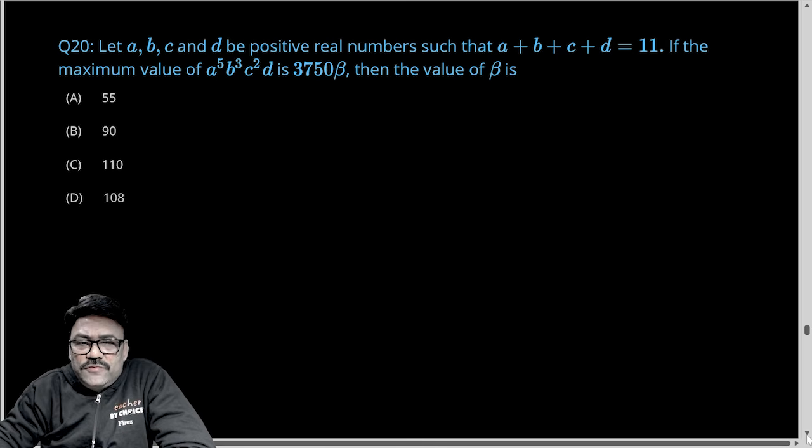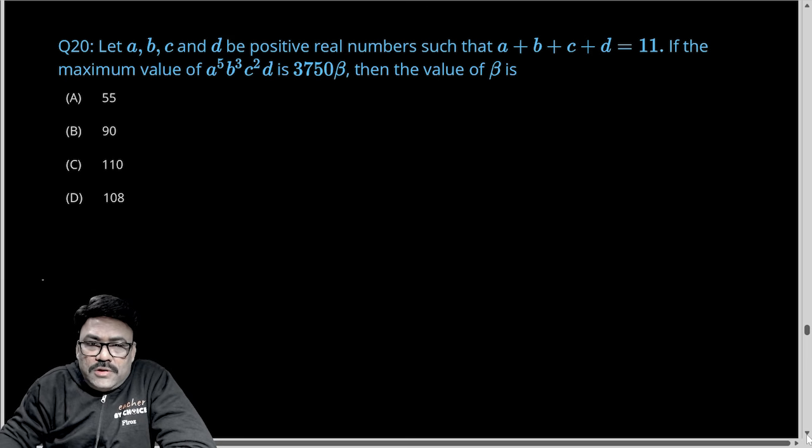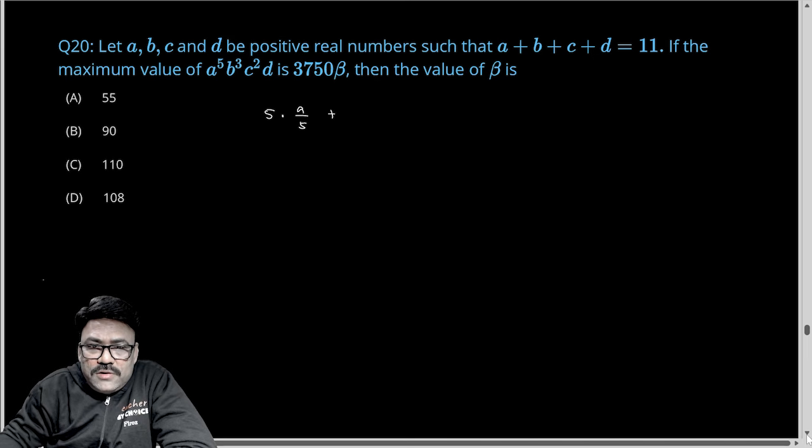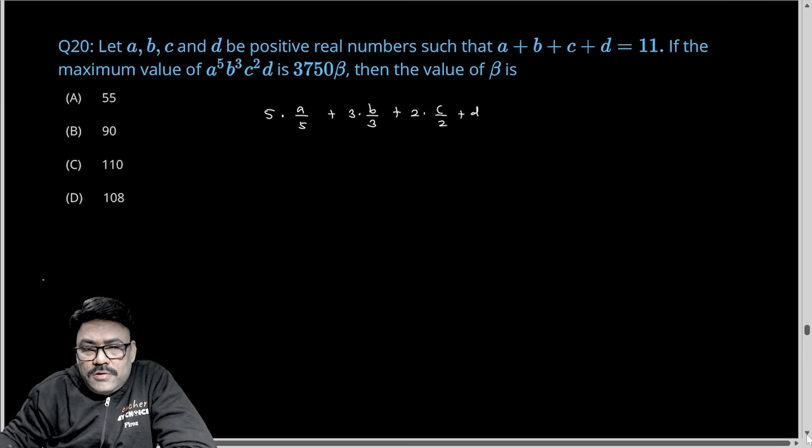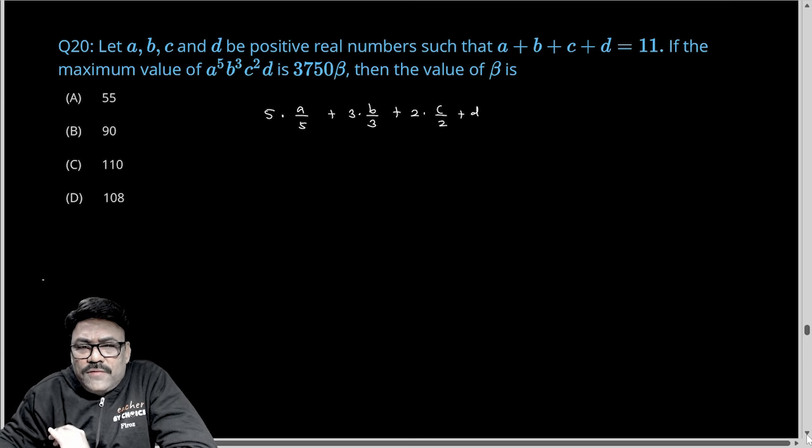Since I need A raised to 5, B raised to 3, C raised to 2, D raised to 1, what will I do? I will write A as 5 times A by 5, B as 3 times B by 3, and C as 2 times C by 2, and D. So now you have a total of 5 plus 3 plus 2 plus 1, 11 numbers: A by 5, 5 times; B by 3, 3 times; C by 2, 2 times; D, 1 time.